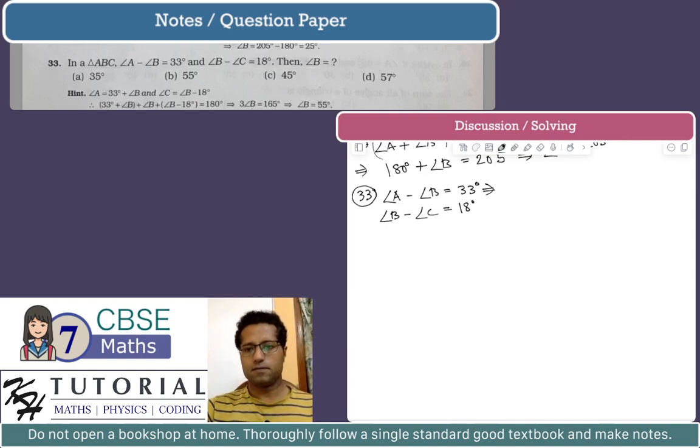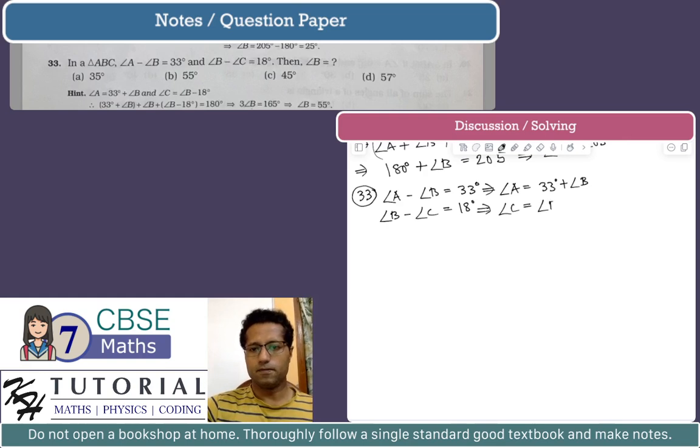And this implies angle A is equal to 33 degree plus angle B, and this second equation implies angle C is equal to angle B minus 18 degree. Now we know that angle A plus angle B plus angle C is equal to 180 degree. Now I will substitute A and C from the values obtained in these two equations.